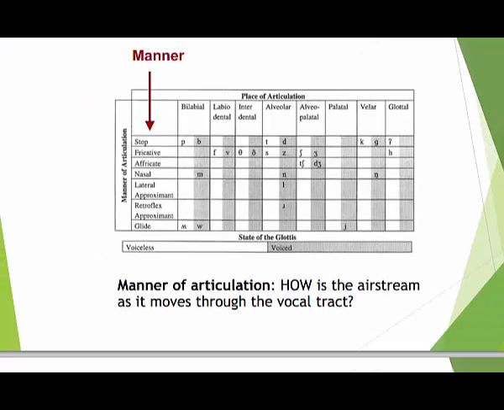So finally, we've talked about voicing, we've talked about the place of articulation, right? Where in the vocal tract the restriction of the airstream is taking place. And now I'll talk about the manner of articulation, or how the airstream is modified as it moves through the vocal tract.